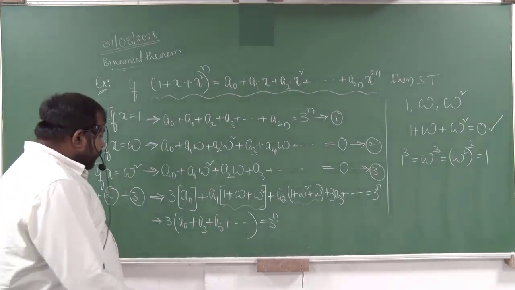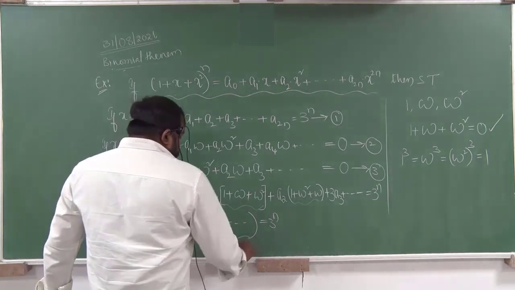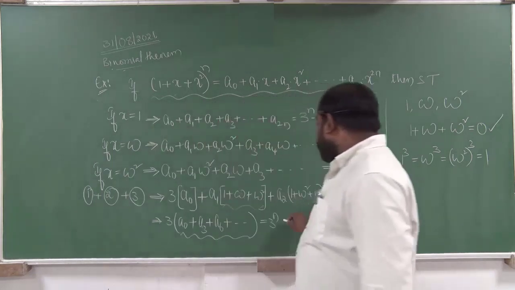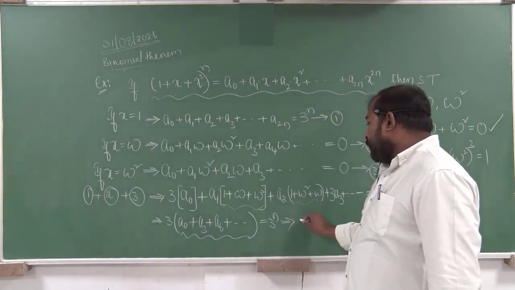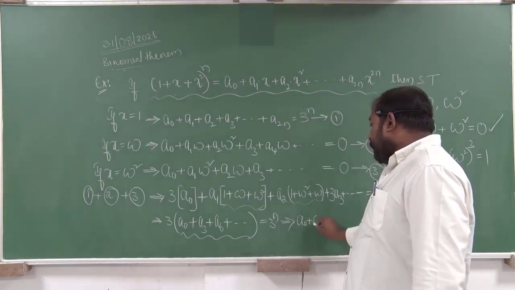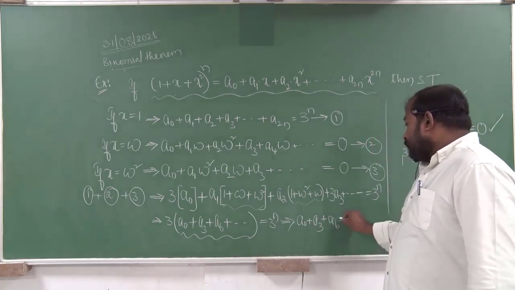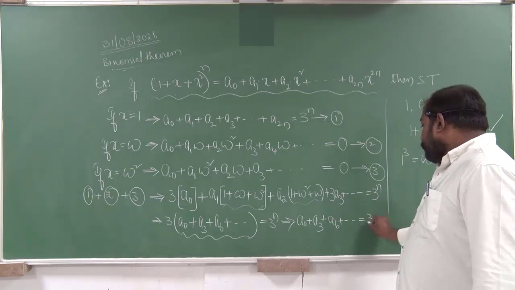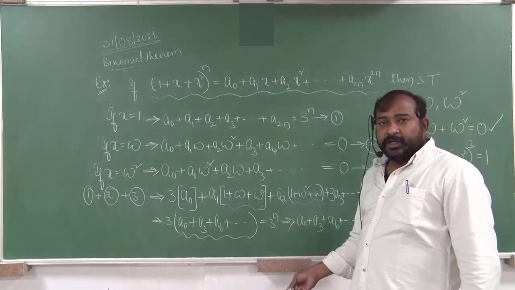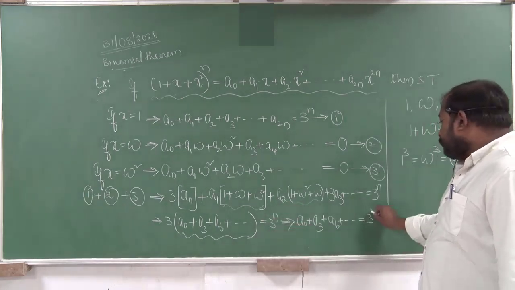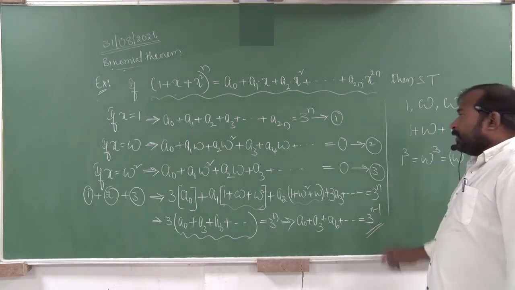But my requirement is this value only. So bring this 3 this side. Then that implies I can get the value a naught plus a3 plus a6 plus so on is equal to 3 power n by 3. 3 power n by 3 means nothing but 3 power n minus 1 is the value.